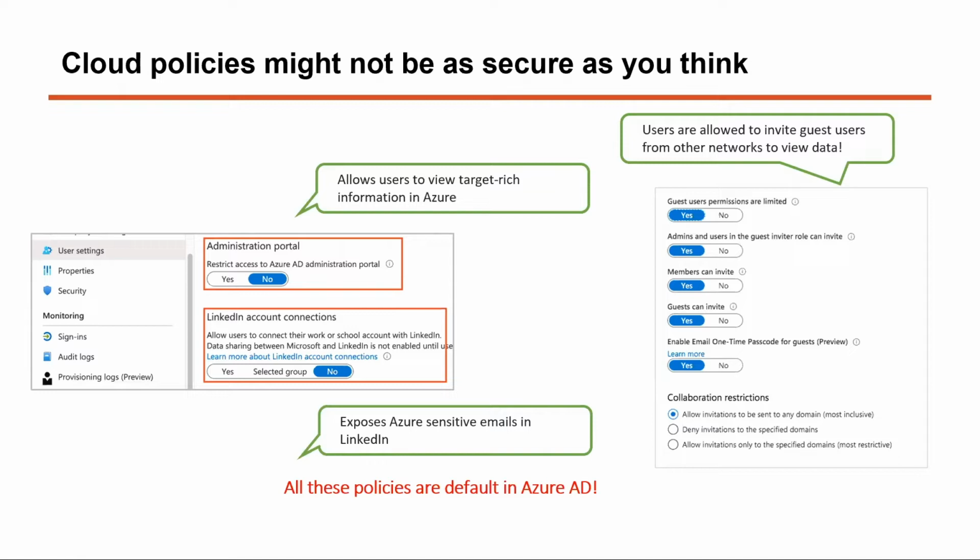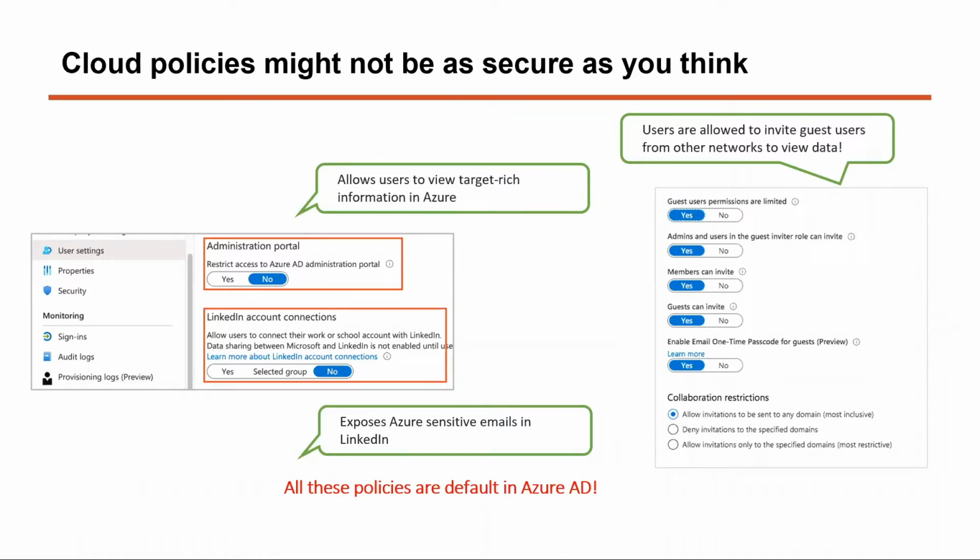So what it does is when you put this to no, meaning anybody can access this page, it allows users to view target-rich information on Azure. Not many of them have taken full leverage of this particular setting in the Azure user settings page, right? And LinkedIn accounts, it exposes your sensitive email in LinkedIn.